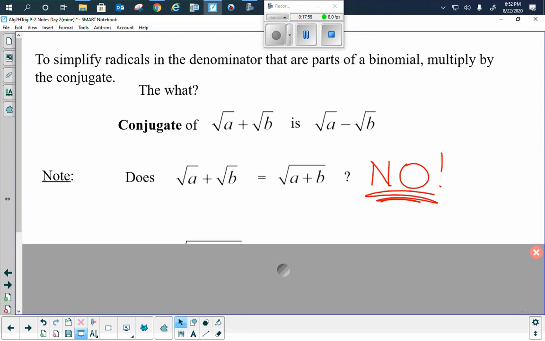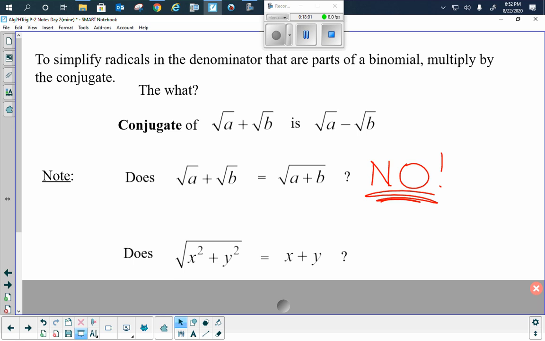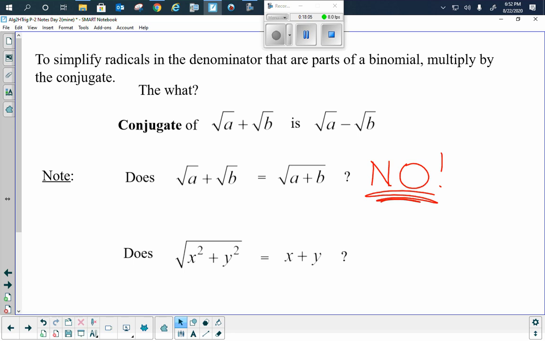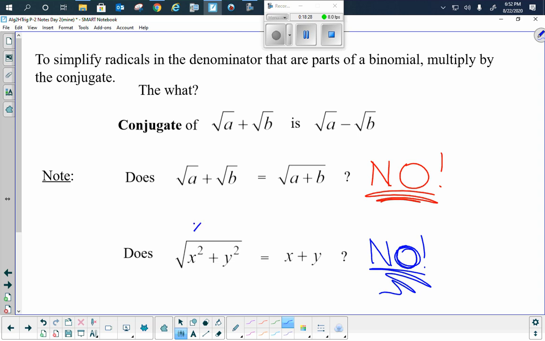Secondly, I would like to know, does the square root of x squared plus y squared equal just x plus y? And I hope, once again, you're going to tell me a big, fat no. Again, that would be a true kind of operation if it were being multiplied.